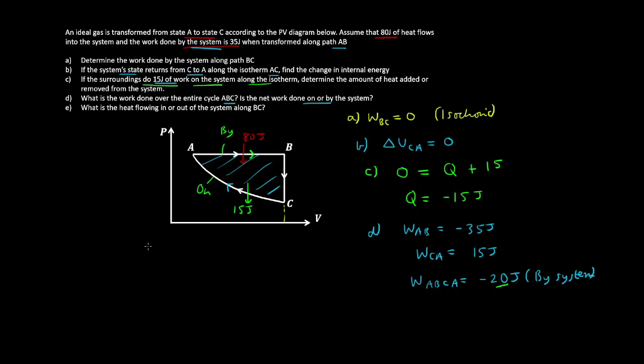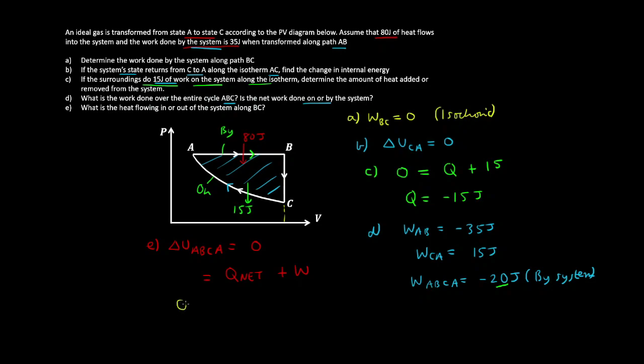Now for part E, we're asked what is the heat flowing in or out of the system along BC. Well, throughout the entire cycle, the change in internal energy from A to B to C and back to A for this cyclic process is 0, and that's equal to the net heat plus the work.